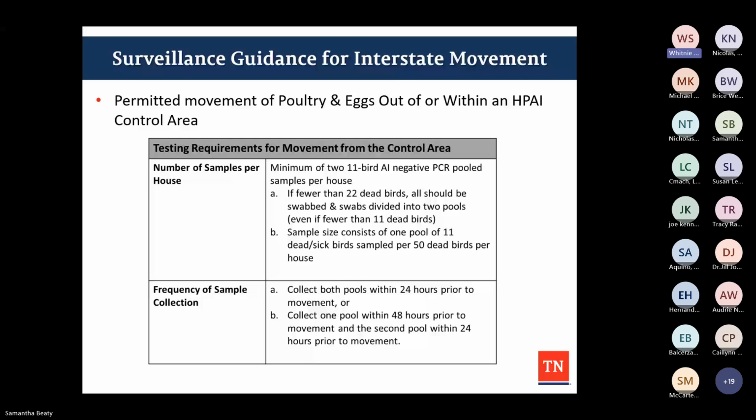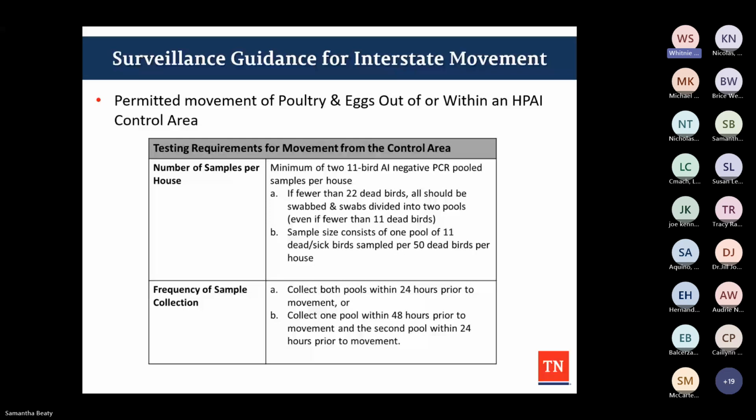But it's very important to document when those samples are taken, because we have to follow that 24-hour or 48-hour guideline very strictly. And if your loadout is going to take more than 24 hours, potentially the course of a couple of days to load everything out, you're going to have to continue doing that sampling to make sure that there has been a test done no more than 24 hours before they actually load out and leave the farm.